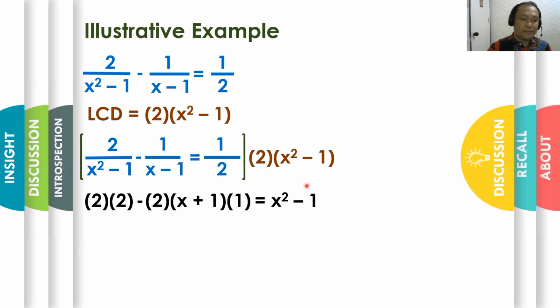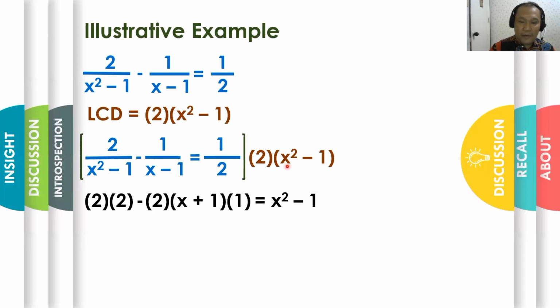Thus, we do have 2 times 2 minus 2 times the quantity x plus 1 times 1 is equal to x squared minus 1. How were we able to generate that result? First, the LCD divided by x squared minus 1, what is left will be 2. Then, as a quotient, multiplied to 2. That's why we do have 2 times 2 minus the given LCD.